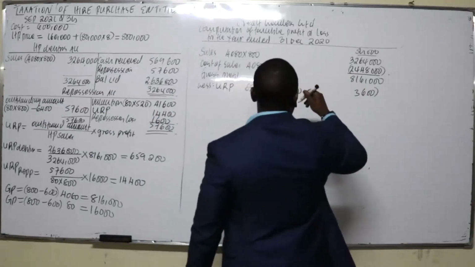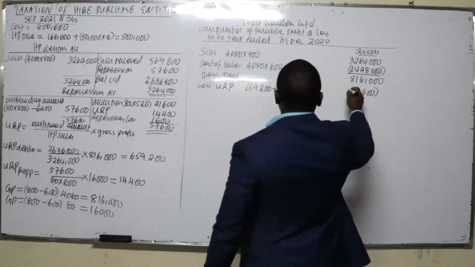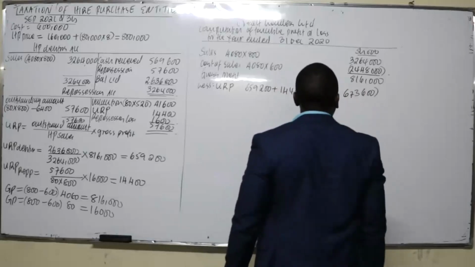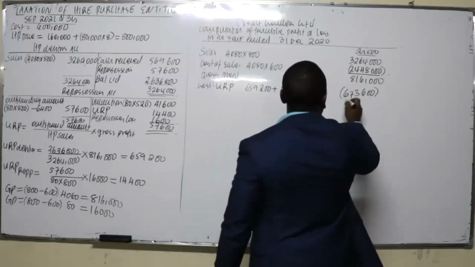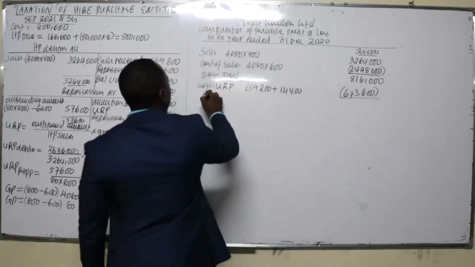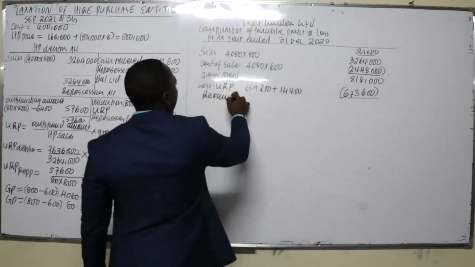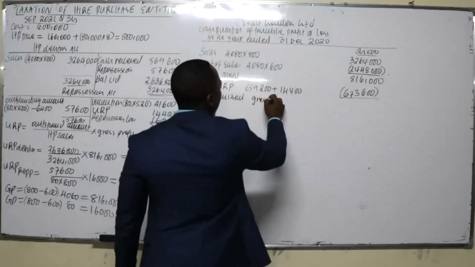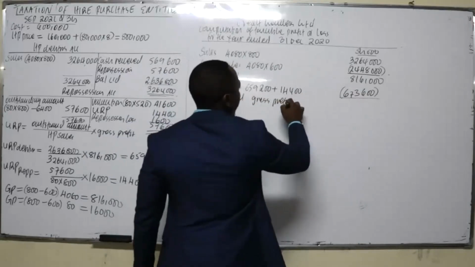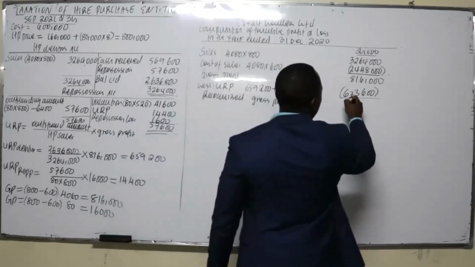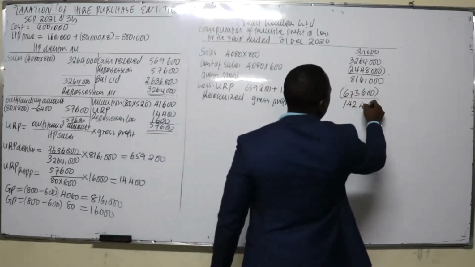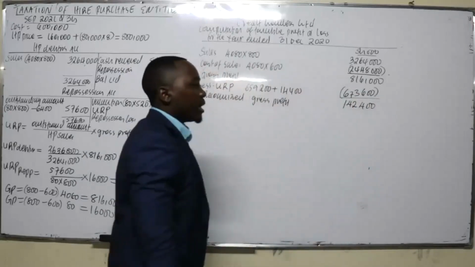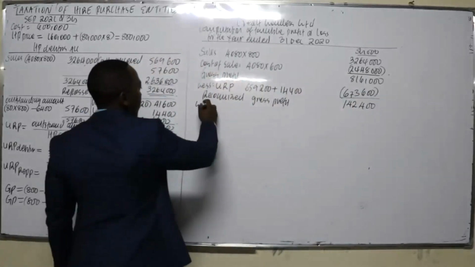Is it 67 or 66? 67? So how much will be our recognized gross profit? 142,400. Then from there we can less allowable expenses.